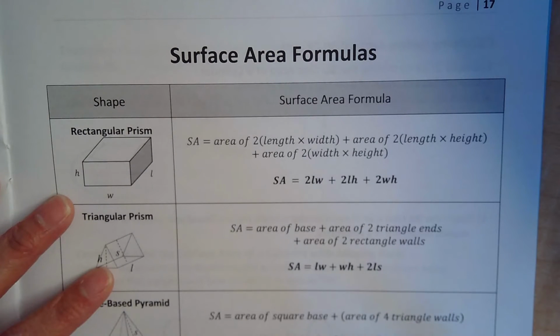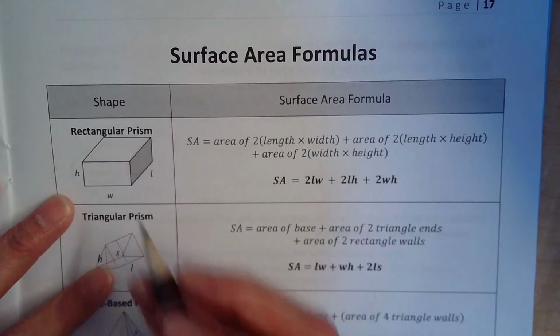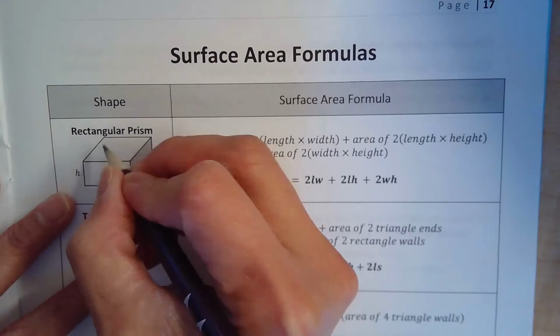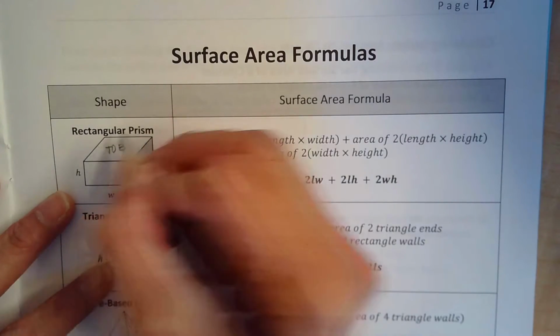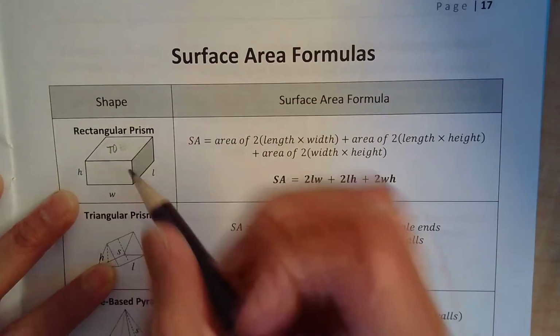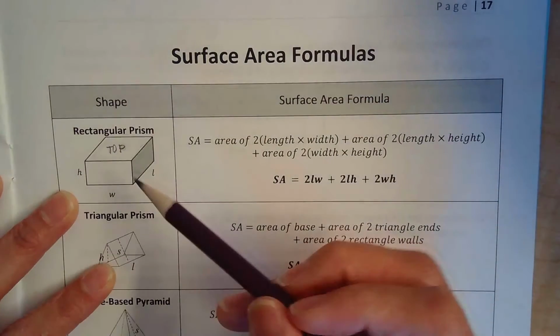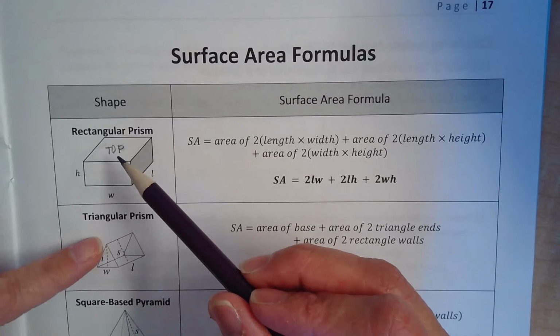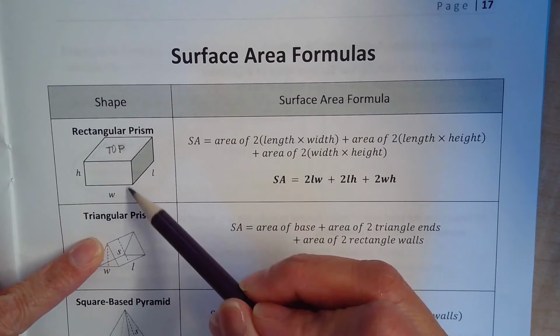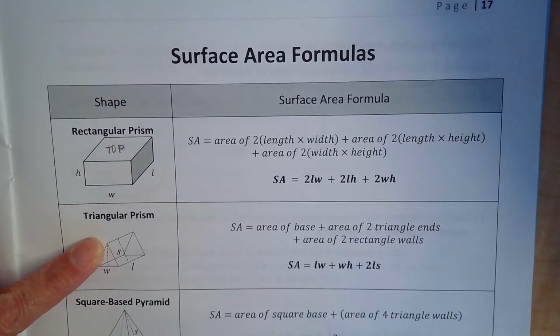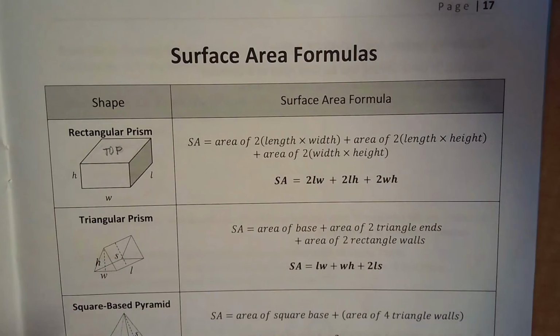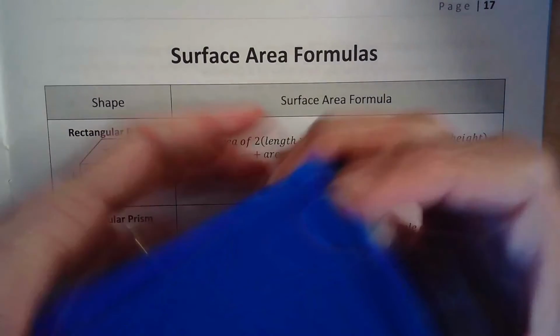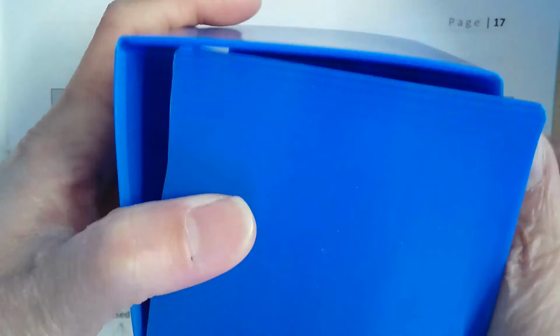We know that we have the top, and the area of the top is exactly the same as the area of the bottom, right? Top and bottom would be the same. So if this is my rectangular prism, the top will be the same area as the one at the bottom.